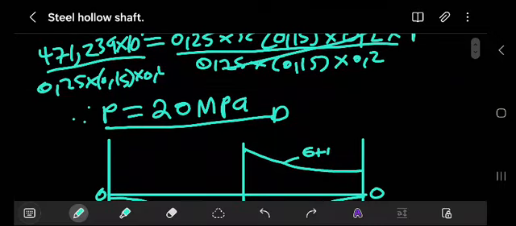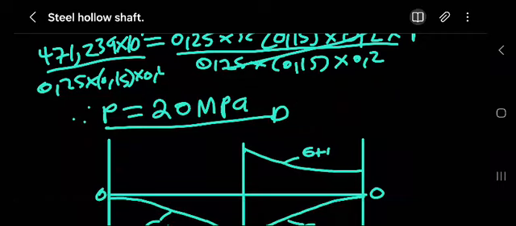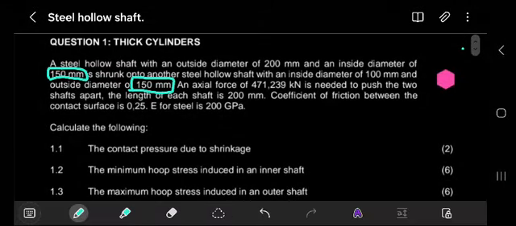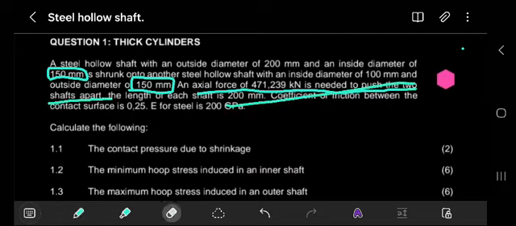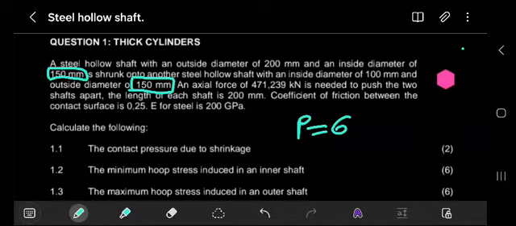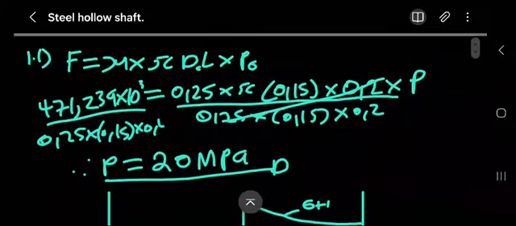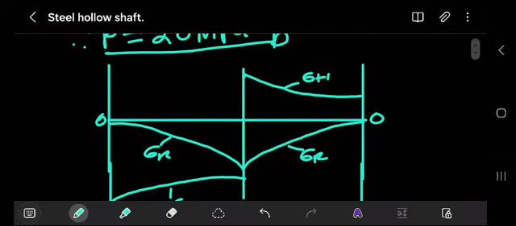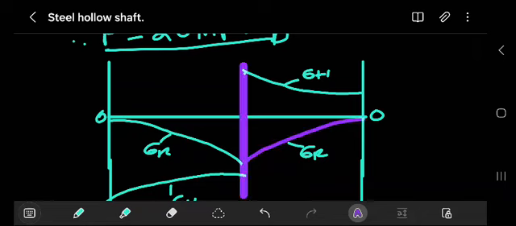Remember, the pressure is equal to the radial stress at the common diameter, which I've discussed. Because the axial force needed to push the 2 shafts apart, if you take that from the force, gives the pressure that is the same as the radial pressure at the common diameter.